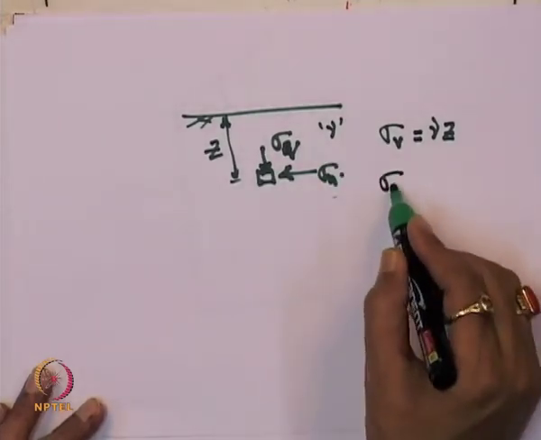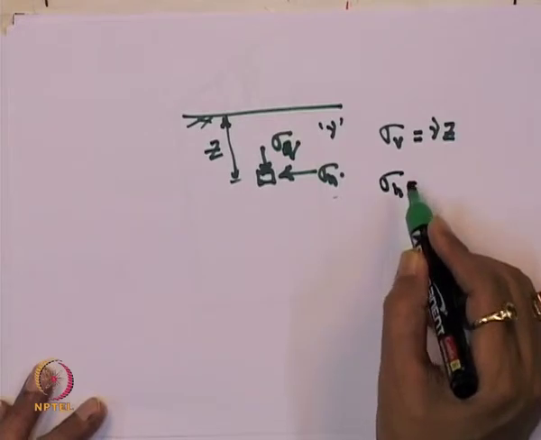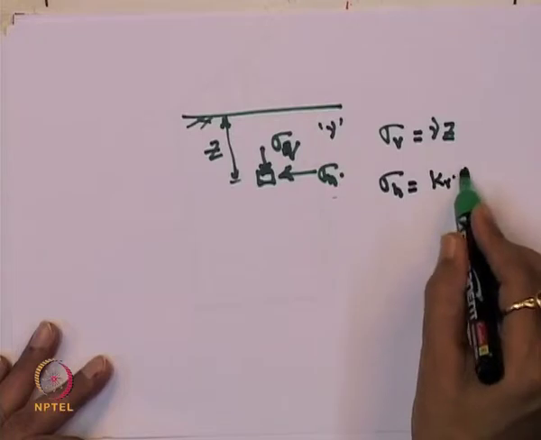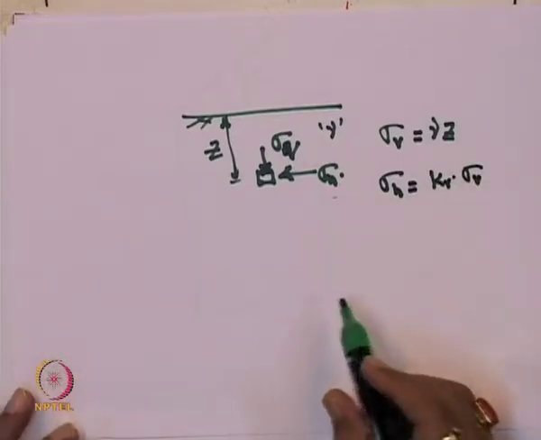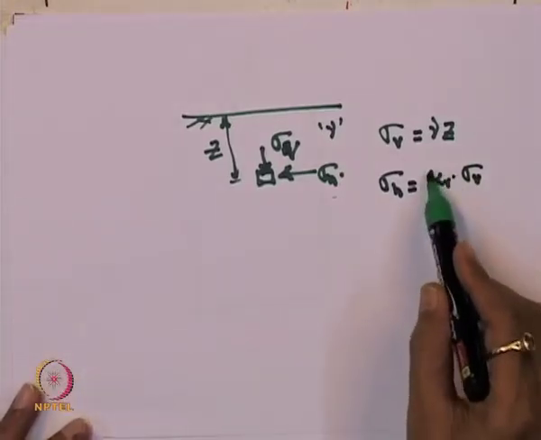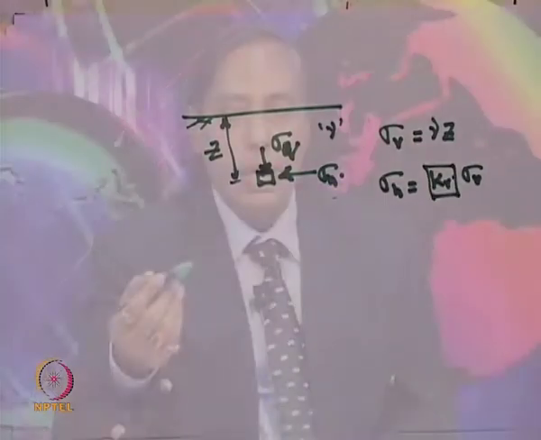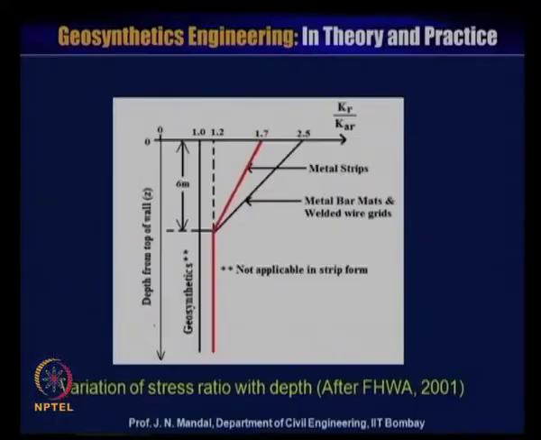So, sigma of H will be equal to Kr into sigma of V. This Kr can be interpolated from the figure, this figure Kr by Ka.